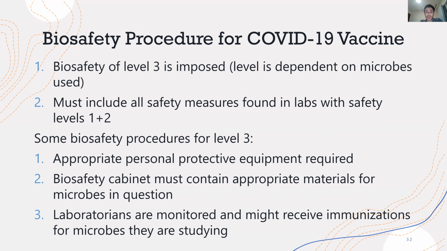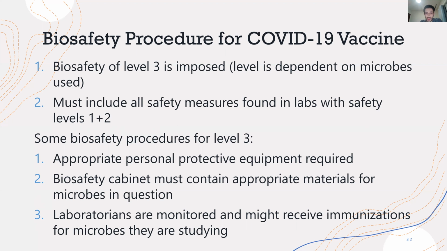So what are the biosafety procedures for COVID-19? It has a biosafety level of 3, and the level is dependent on the microbes used. Basically, it includes all the safety measures found in labs with safety levels 1 and 2, plus the safety measures of level 3 as well.